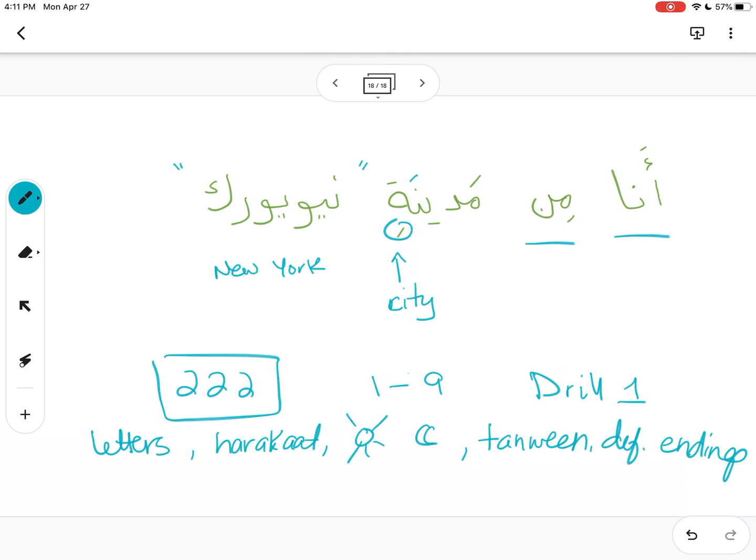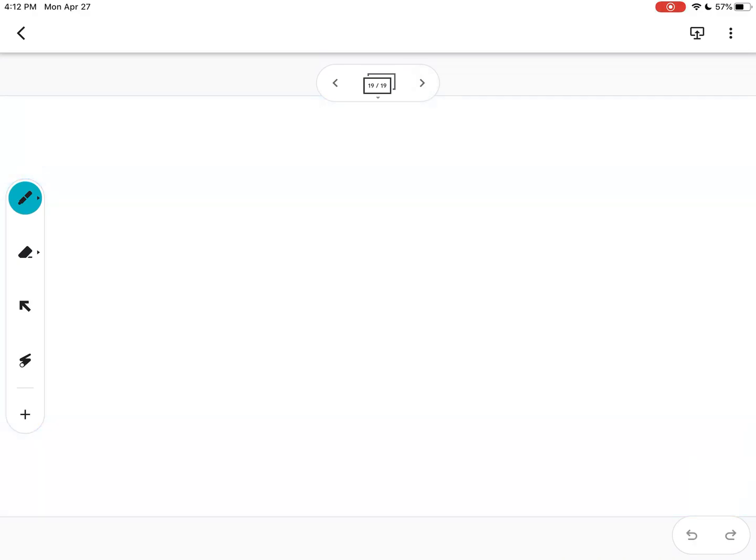So A, you're going to practice reading them. B, you're going to see if you can figure out the meaning, because almost everything in that drill has vocab words. There's only a couple of new words, and we'll go over those after you guys do the drill. So read through them, try to understand them. I will mention one thing in number 4, raqam 4. If you look at the 3rd word, it says Madinatuna.